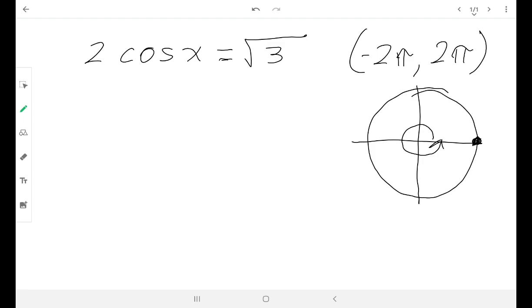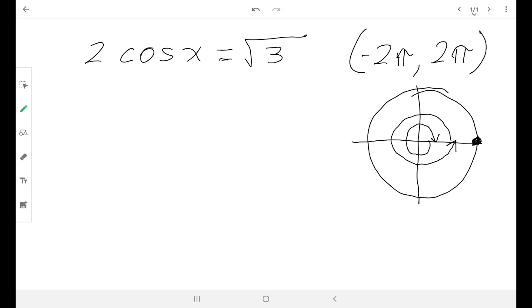So the only thing we got to keep in mind for this is that we're going around the unit circle both in the one full round in the positive direction, one full round in the negative direction, because we're going from negative 2 pi all the way back to 0, and from 0 all the way back to 2 pi.